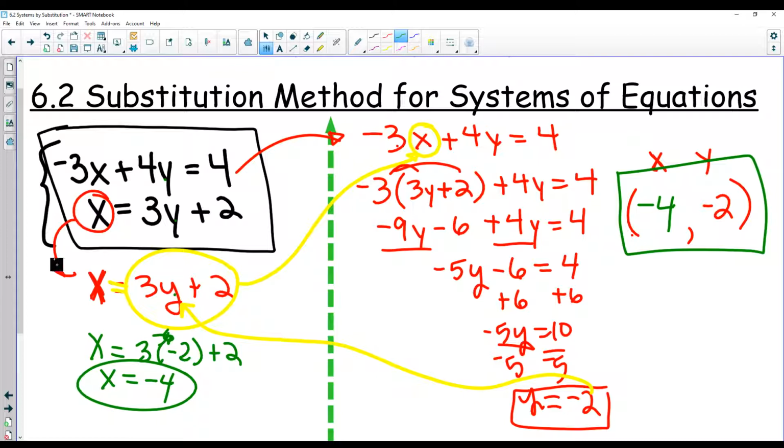We got x or y alone, and then we took that and plugged it into the other equation. Once you do that, you will only have one variable and you can solve for that variable. So once you plug that in, this is just normal solving skills to get a solution. Then you substitute it back in and find the other half of your equation, or your ordered pair.